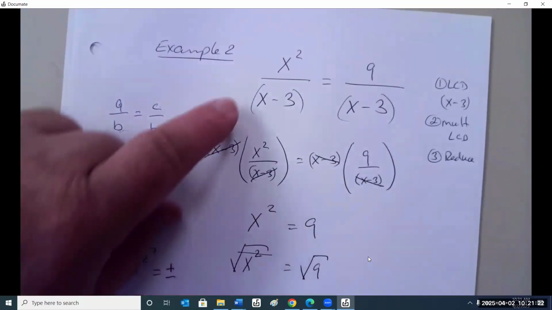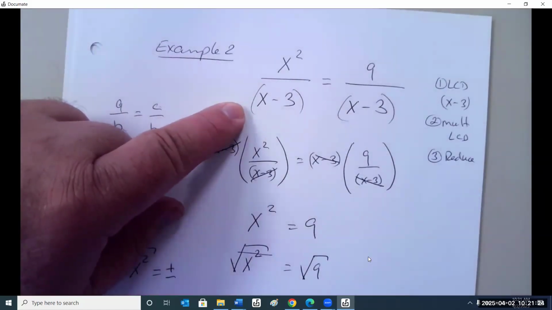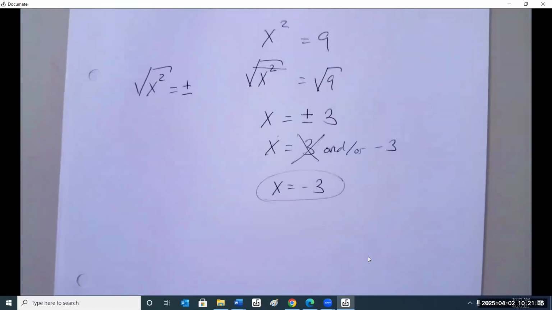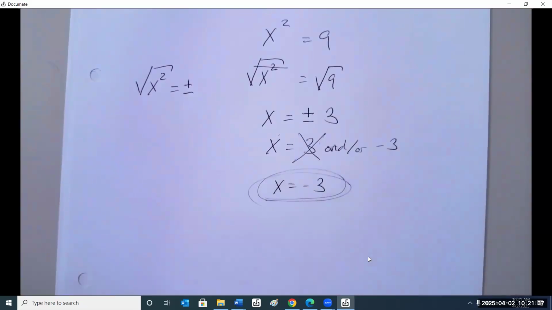If you plugged 3 back into the original equation, what happens to the bottom? It goes to 0. You cannot divide by 0. So we cannot use positive 3. So our only answer is negative 3.